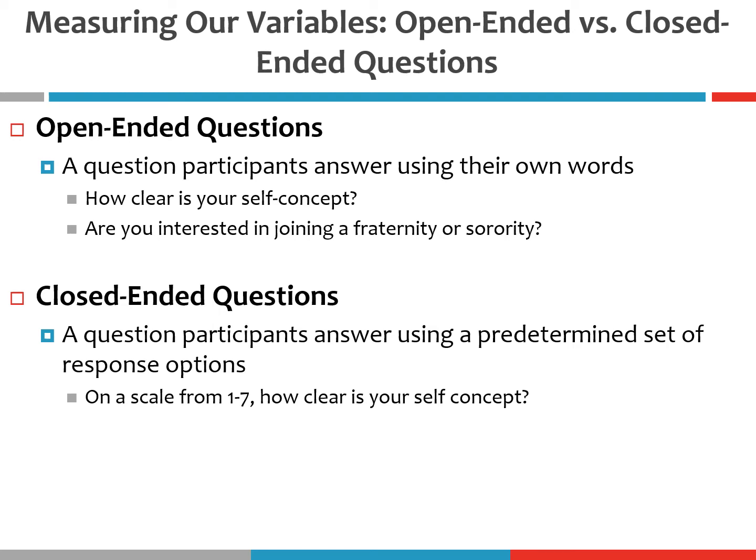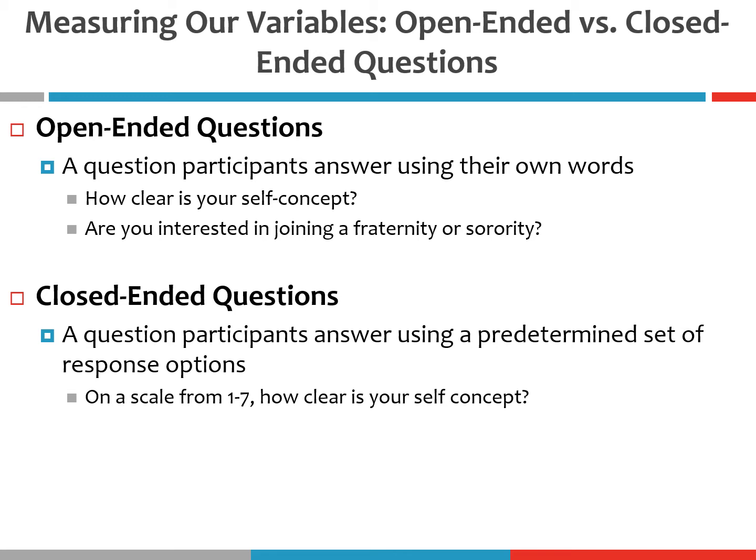Okay, so the higher you are in self-concept clarity, the higher you are in your desire to join a Greek organization, or will there be a negative correlation? Okay, so think about that and start to develop your own hypothesis. So is there a positive relationship between our variables, or is there a direct relationship, or is there a negative or inverse relationship? Okay, so start thinking about that.